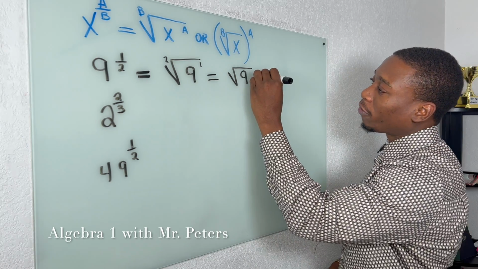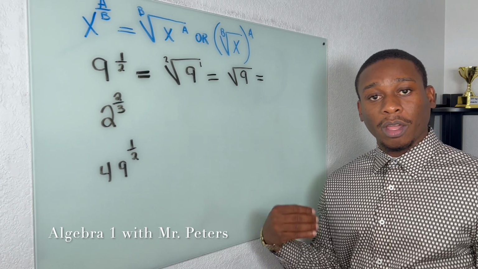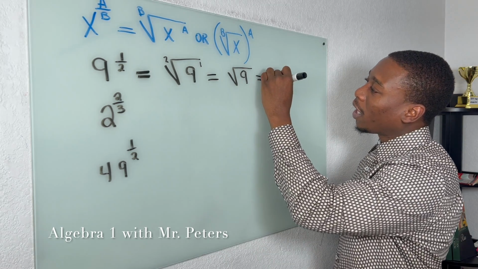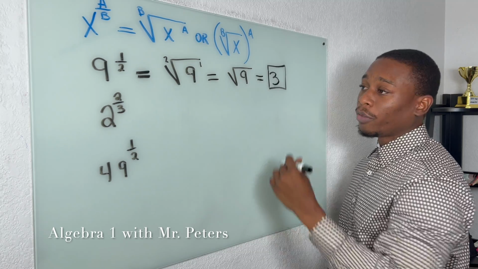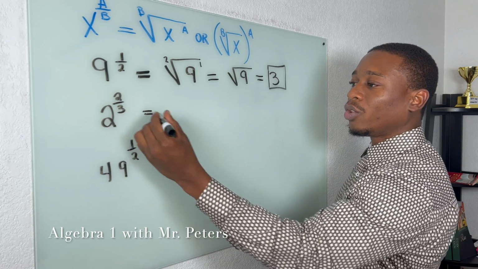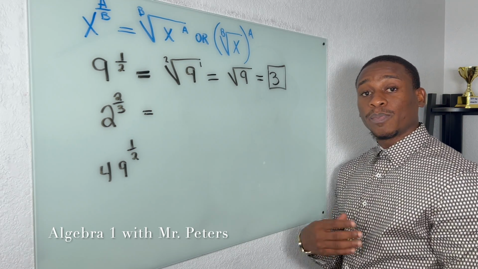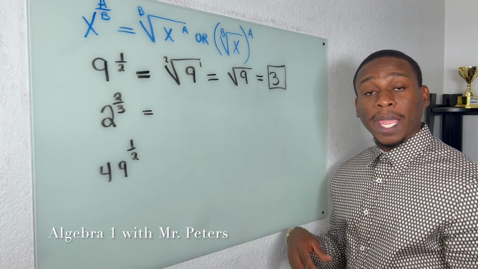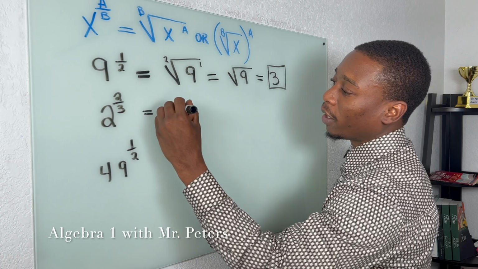Once we simplify this by rewriting it in the radical form, we're able to simplify this radical and get a whole number of 3. Now, in my second example, what they try to do with some of these is trick us and make us believe that every one of these rational exponents can become an integer through simplifying.